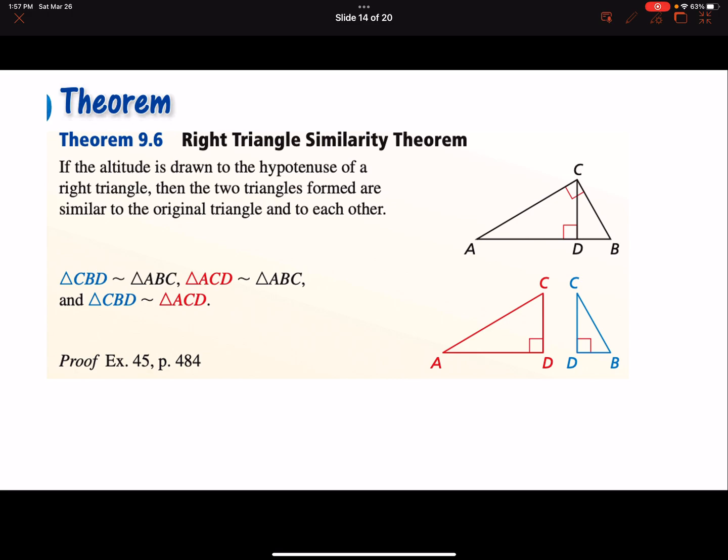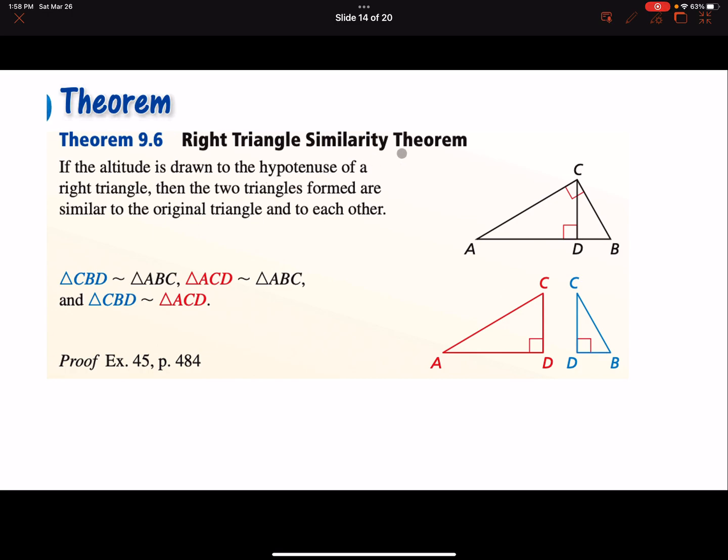And now what happens? Well, when I bring down this altitude, I now have 3 triangles. I have the original ABC, which was this large triangle. And then when I bring down CD, it also splits it up into 2 smaller triangles, ACD and BCD, okay?